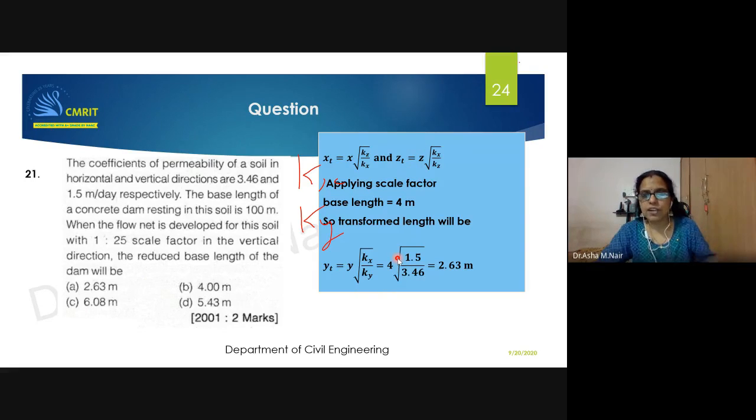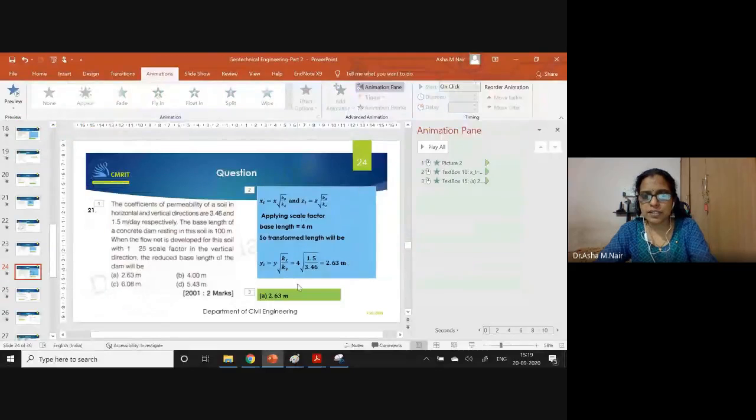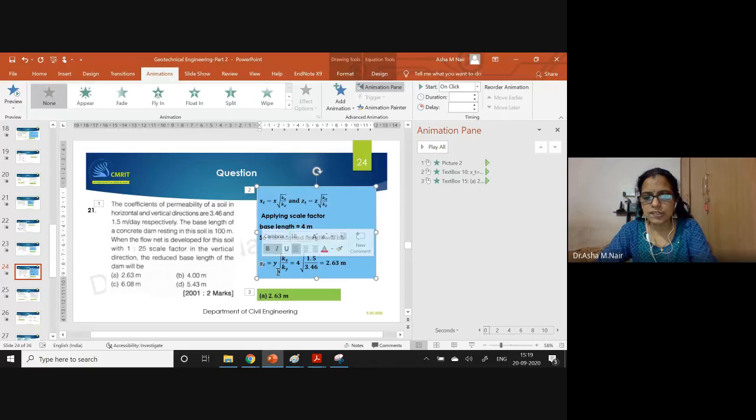Yes, ky is vertical. Here there is a small mistake. Because the base length is which dimension? It is the x dimension, right? So this is xt.